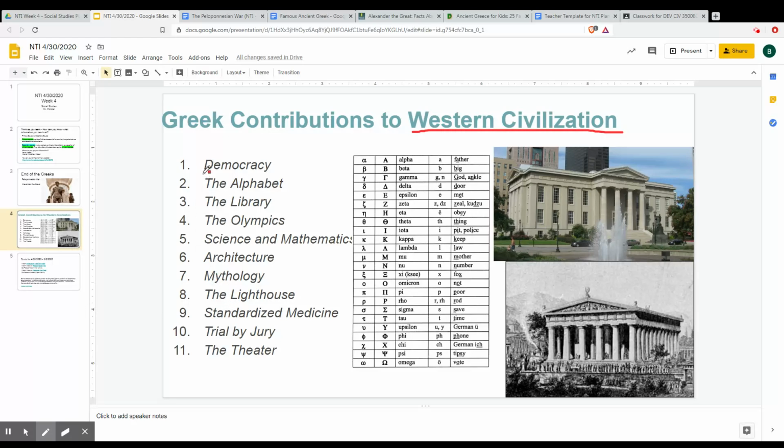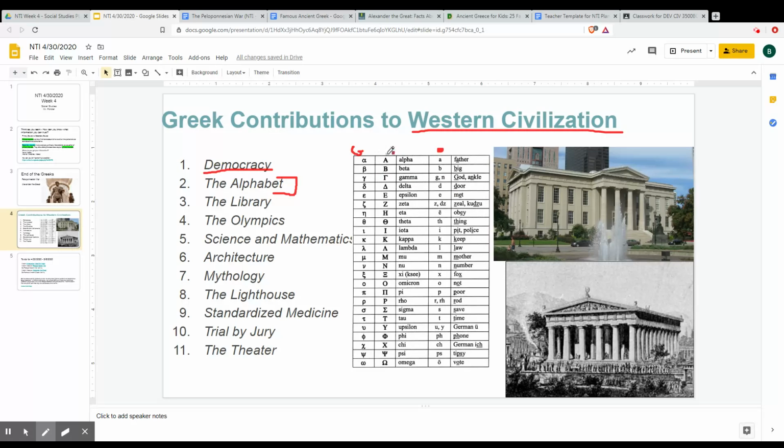And some of the things they contributed was democracy, which we've talked about with the form of government. Our modern day alphabet comes from the Greeks. So here is the Greek letter, and here's another letter, and then here's our letters for what it is.